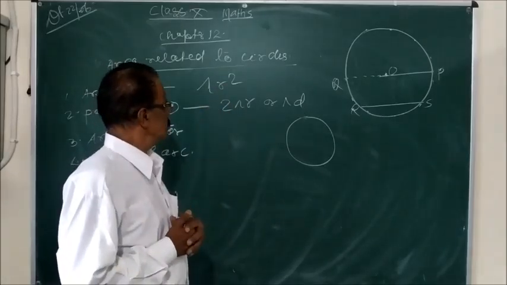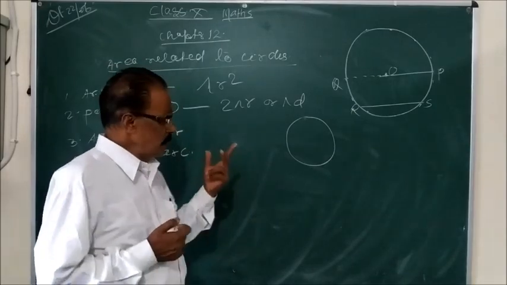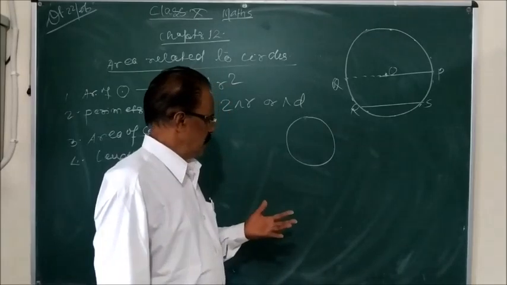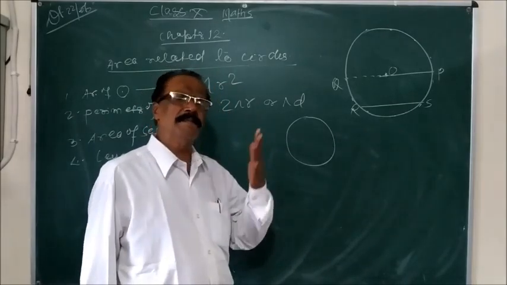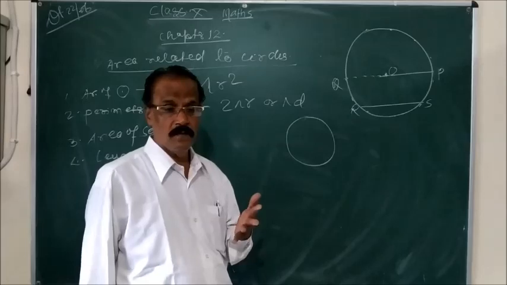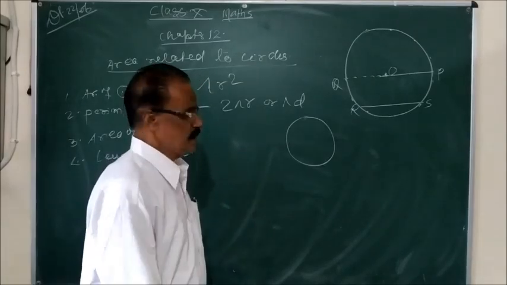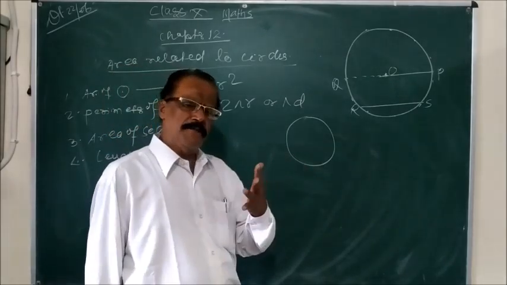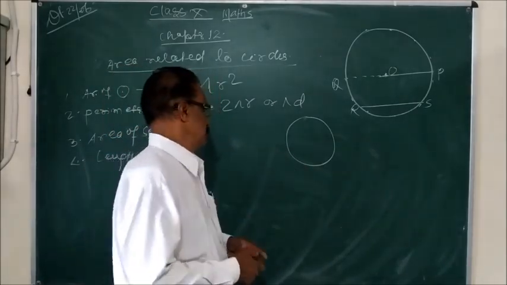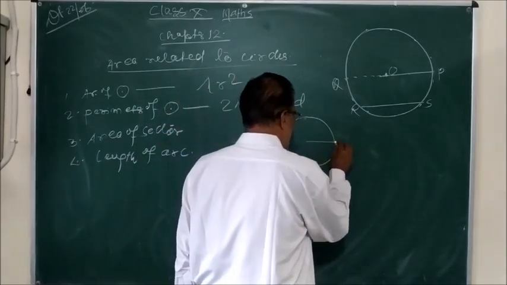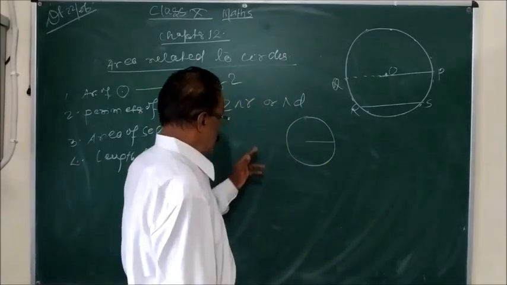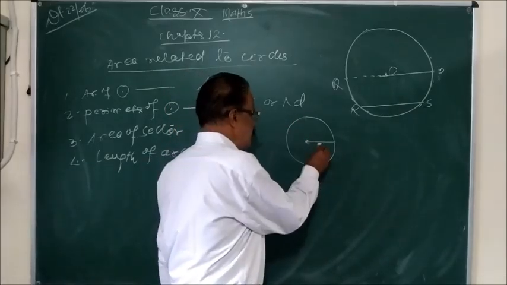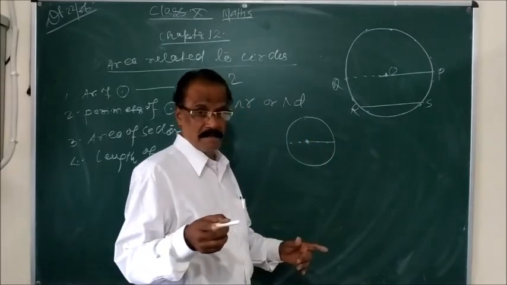Now you can ask, what is pi, sir? Pi has been studied by many mathematicians. Aryabhata and Ramanujan, these are two Indian mathematicians, and many other foreign mathematicians. They found that the relationship between the circumference and diameter of any circle is the same.